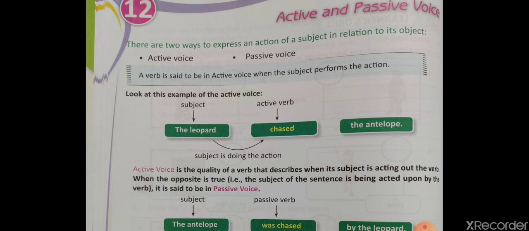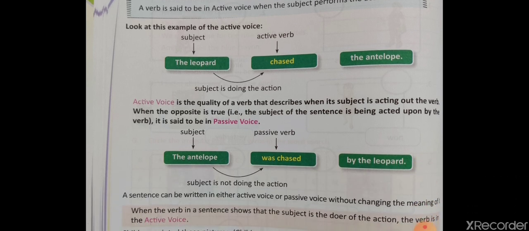But if the subject is not doing the action, that sentence is said to be written in passive voice. For example, the antelope was chased by the leopard. So in this second sentence, who is actually doing the work? The leopard.